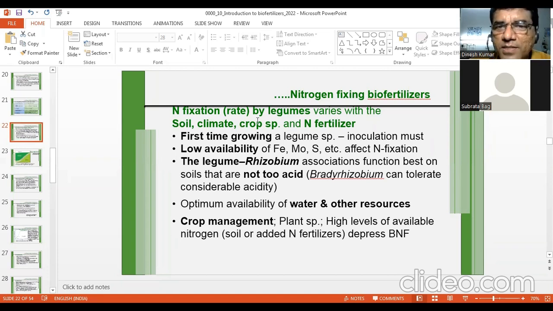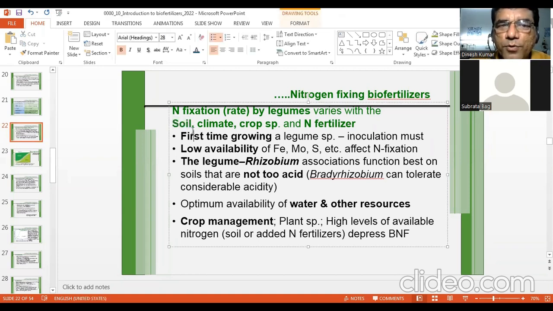So nitrogen fixation rate by legume varies with the soil. If you grow a particular legume in two different kinds of soil, their fertility may be different, their pH may be different, so N fixation may be different. Climatic conditions, same legume but climates are different. Somewhere climate may be favorable, somewhere climate may not be favorable. Then crop species.